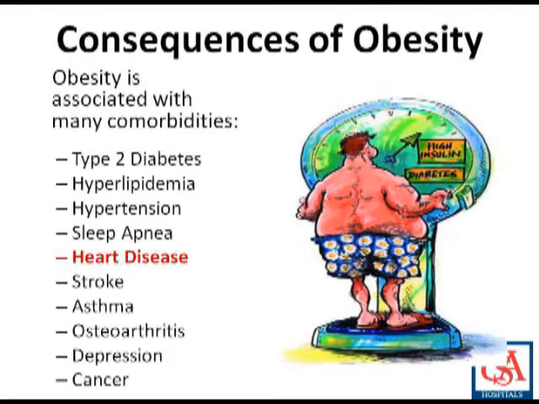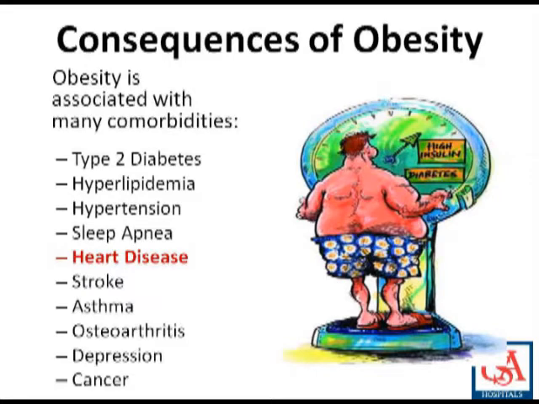Consequences of obesity. Obesity is associated with these comorbidities. Type 2 diabetes. So type 1 diabetes is younger kids, usually called juvenile onset diabetes, in which the pancreas doesn't secrete enough insulin. In type 2 diabetes, it's because of the obesity, patients develop insulin resistance.